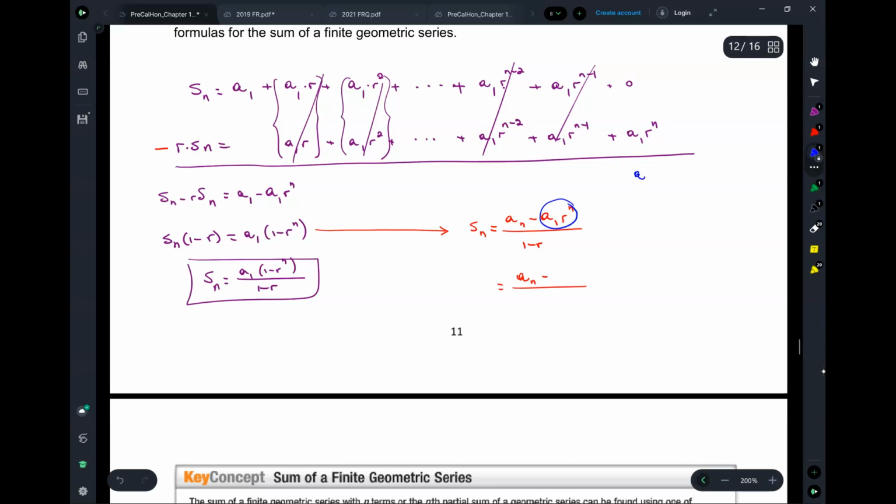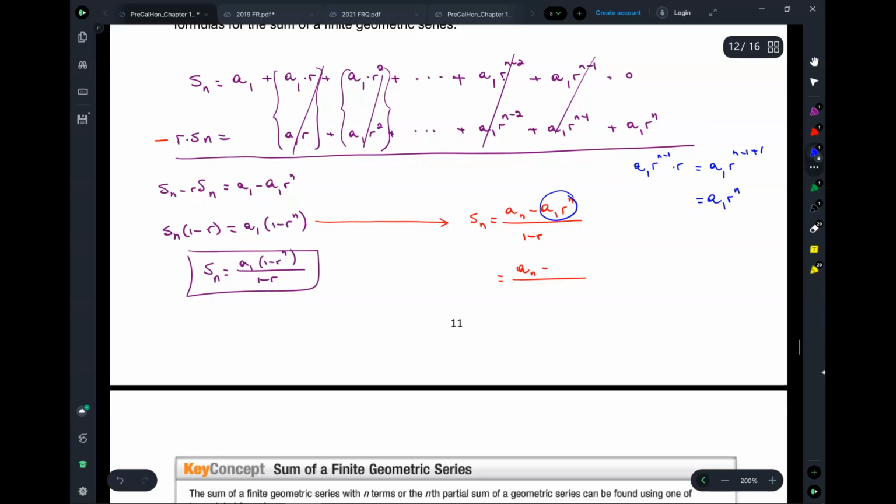Okay, if I take A1 times R to the n minus 1, and I multiply by R, what does that give me? A1 R to the n minus 1 plus 1, right? Which is A1 R to the n.